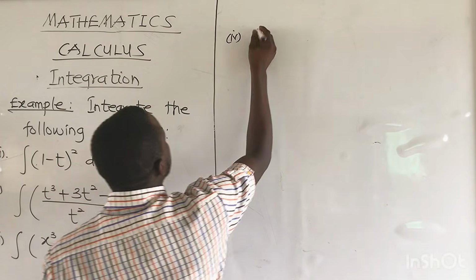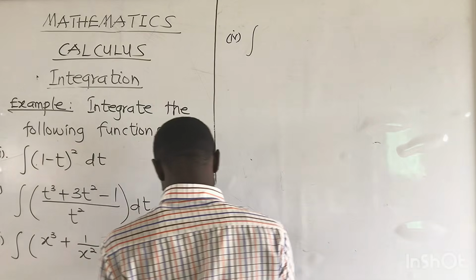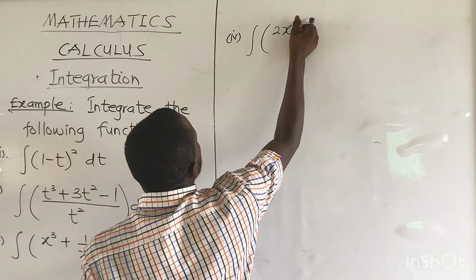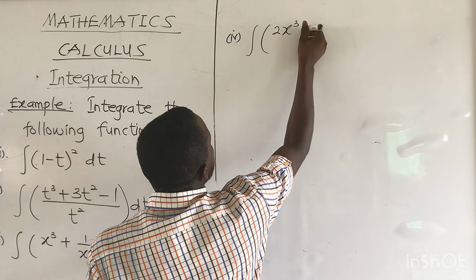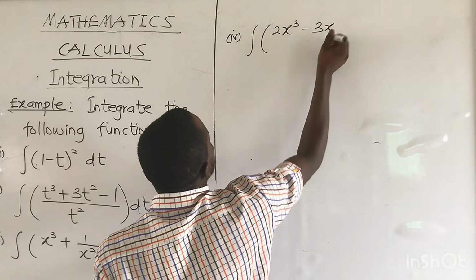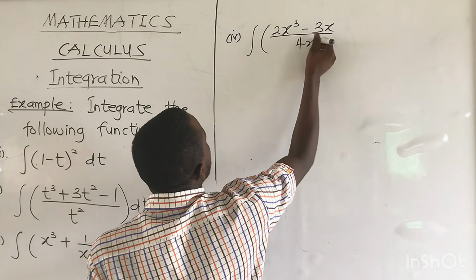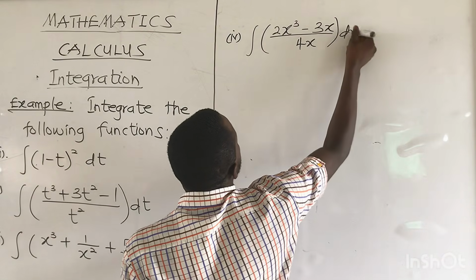IV, the integral of 2x cubed minus 3x all over 4x dx.